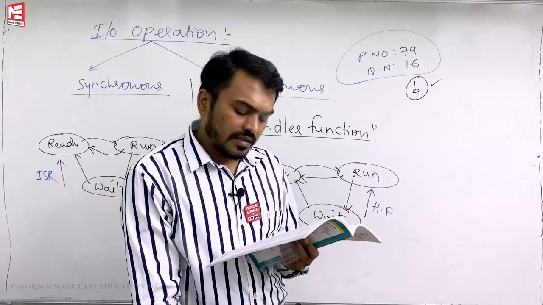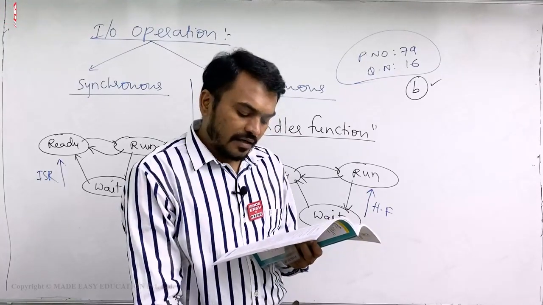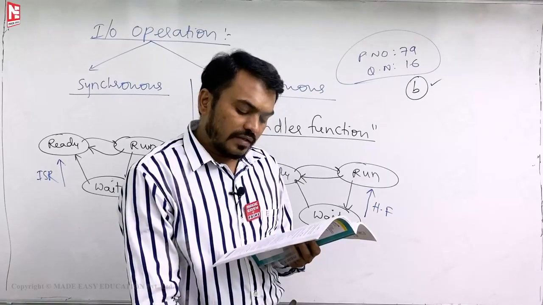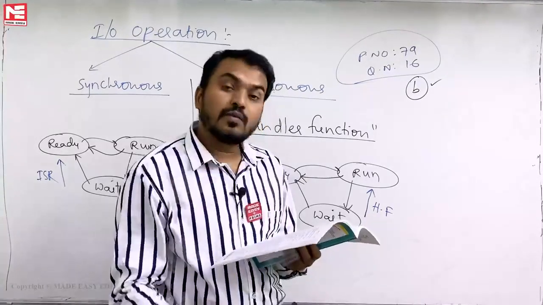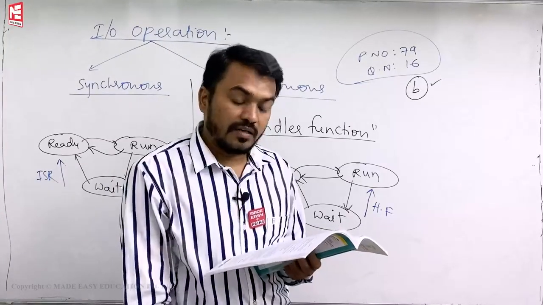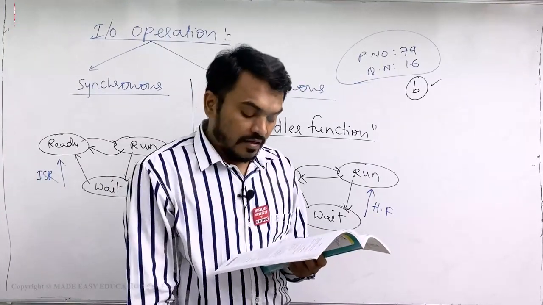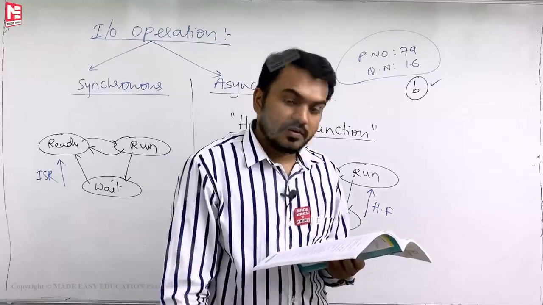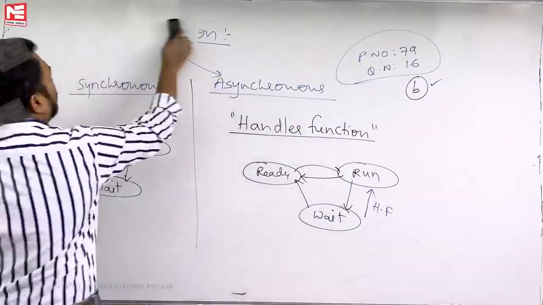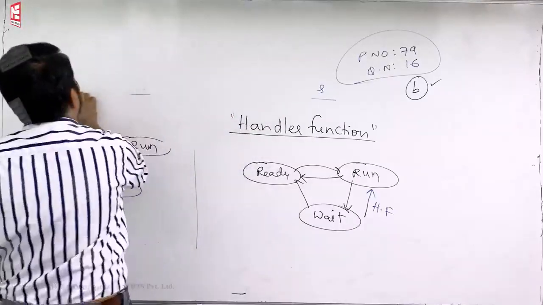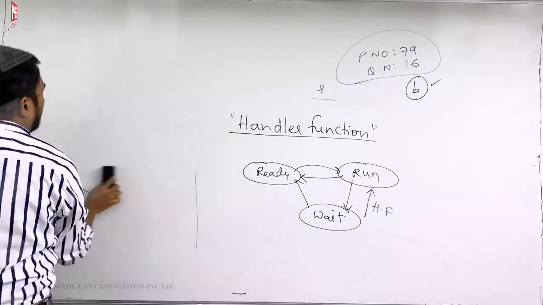In both synchronous and asynchronous IO, ISR is invoked after completion of the IO. That is false, because ISR is invoked only in synchronous IO, but not in asynchronous IO. So that is a false statement. Fine, that is about synchronous and asynchronous IO.